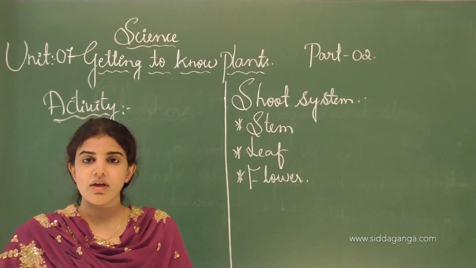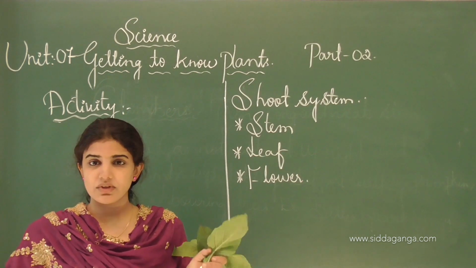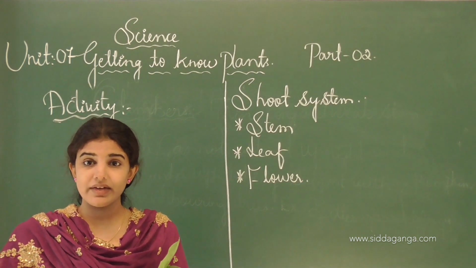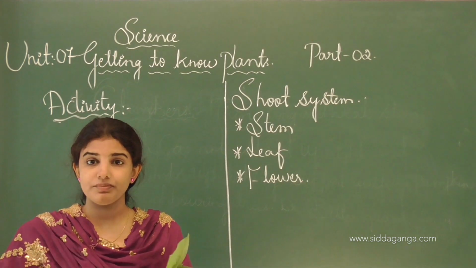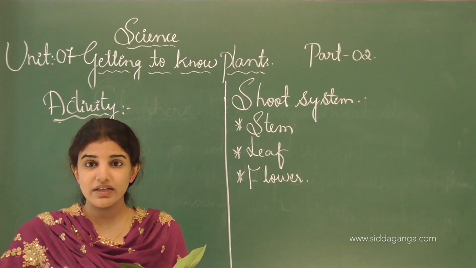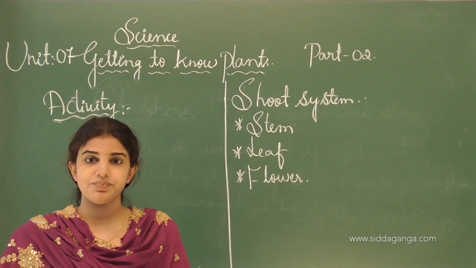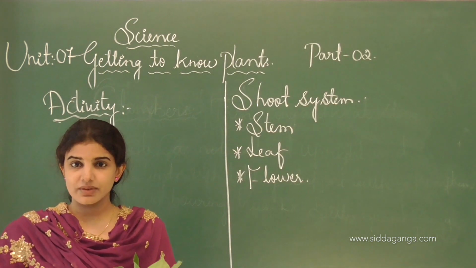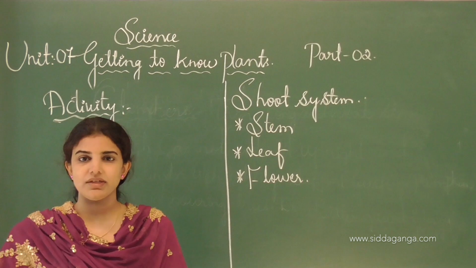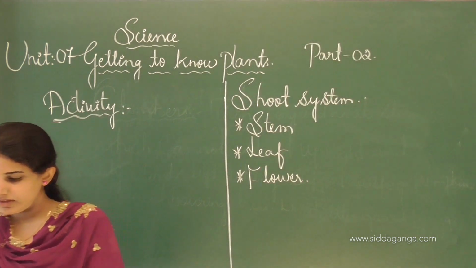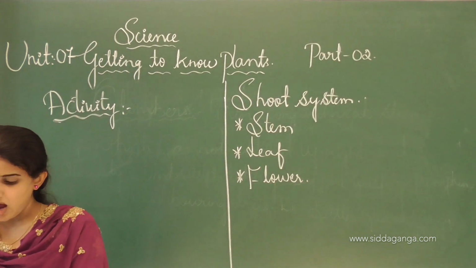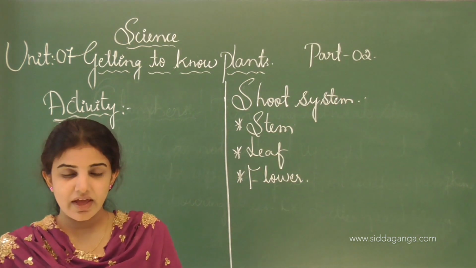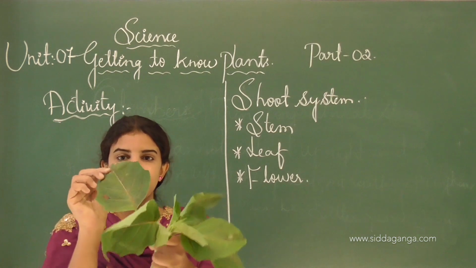If I immerse this stem into the water, the leaf will become red in color, the veins will become red in color and the leaf also gets a red color due to the conduction of water from the stem to all parts of the plant. I will immerse it here. After some time you will see that the leaf and the veins become red in color.